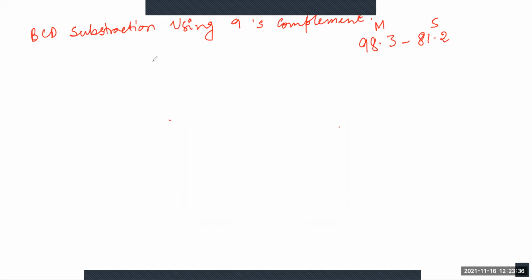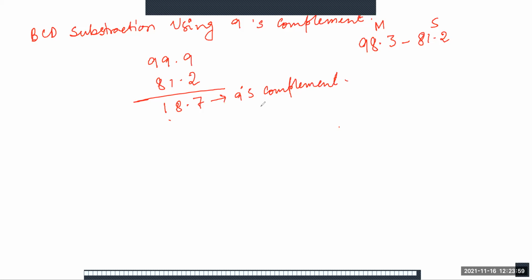99.9 minus 81.2. This is 7, this is 8, and this is 1. So 18.7 is the 9's complement. The next step is to add it to the minuend using BCD addition.